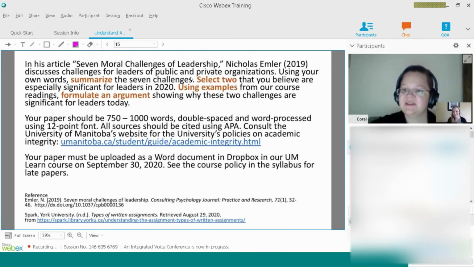So they're definitely pulling out that you need to use APA format for your citations. Additionally, pulling out the double-spaced 12-point font, the word length. We also have a question about how strict professors are with their word length for their paper.